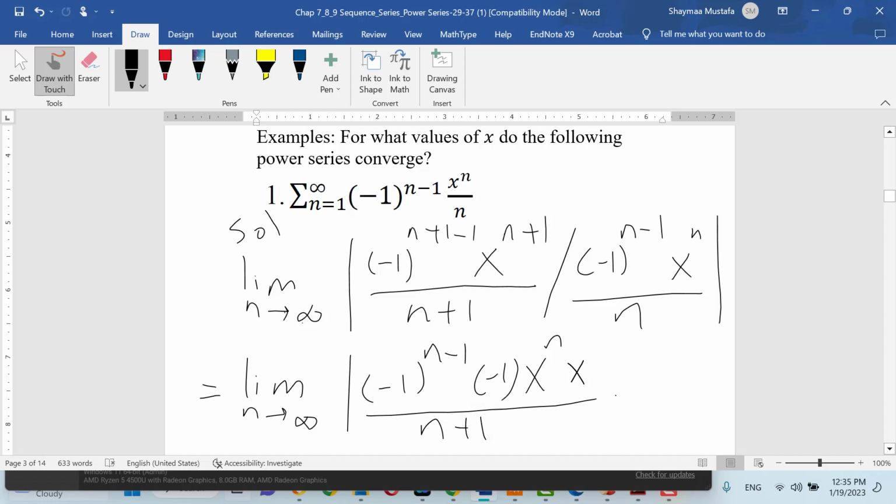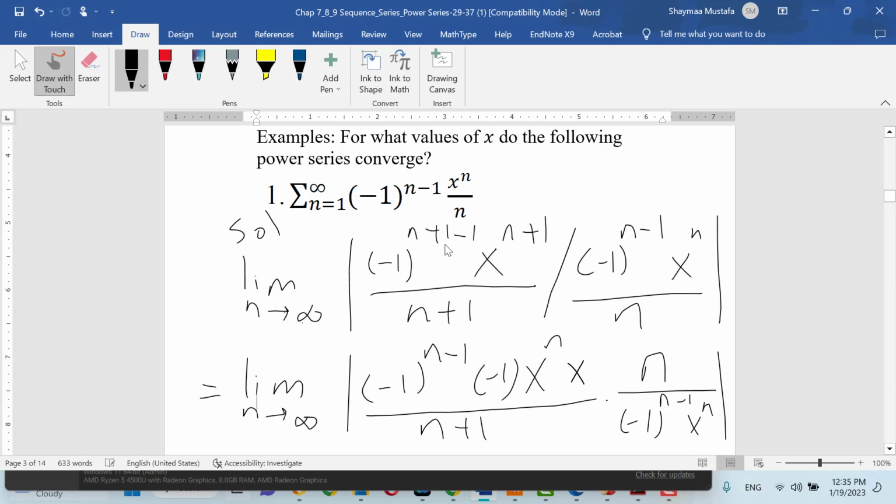Here we change the division to multiplication, and we flip, making the top below and the bottom on top. So this is times n over minus 1 to the power n minus 1, x to the power n.